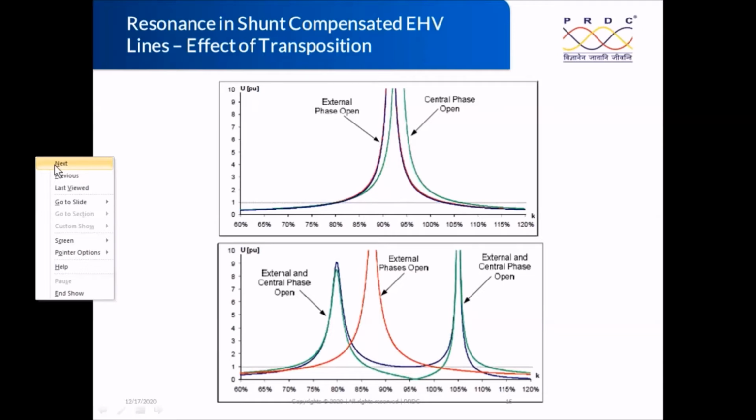The next, the neutral resistor also has a very high impact. This is basically going to provide damping. This damping is going to reduce the oscillations, because this resonance point is basically weakly fed through the source, right? Because the capacitive reactance value will be very high at power frequency, right? So most of the time we neglect the stray capacitance of the equipment, because at power frequency the reactance value is very high.